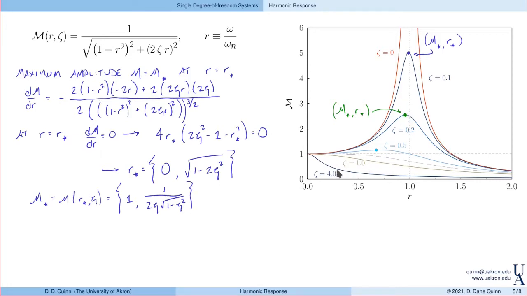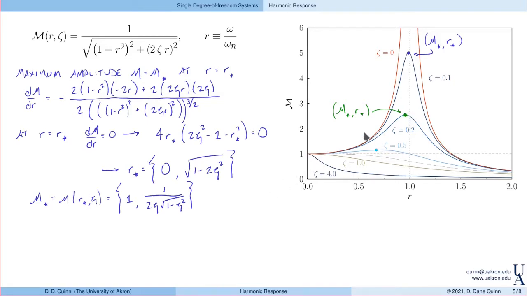Notice that if zeta is too large, we don't have this second solution. So for example, for zeta equal to 0.1, I have a 0 slope at the origin, that's this solution, and then I have 0 slope out here. Well, if zeta is 4, the slope only vanishes at the origin.